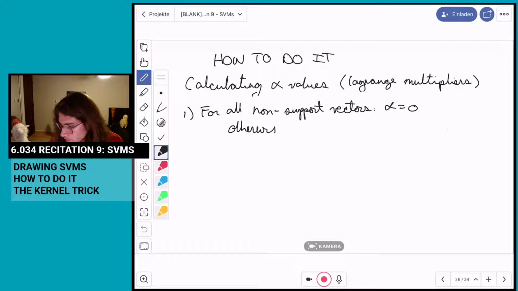Otherwise, alpha is greater than 0. And by otherwise, I mean that the point is both a support vector and it lies on the gutter. Or that it lies on the gutter and it's a support vector.